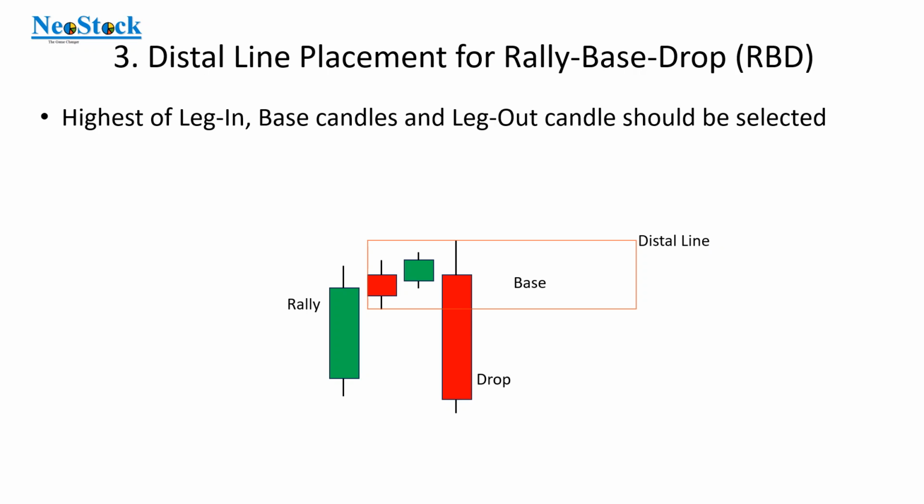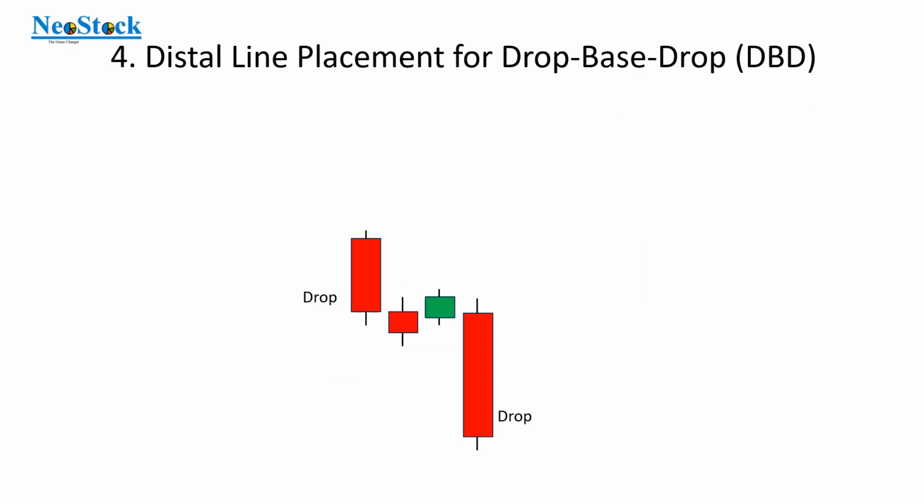And let us see the next type, that is the fourth type. What is it? Drop base drop. It is a continuation pattern for the supply zone. So what is the rule now? Is it the same as the previous pattern? No. The previous pattern is a reversal pattern and this is a continuation pattern. In the continuation pattern, we never select leg in.